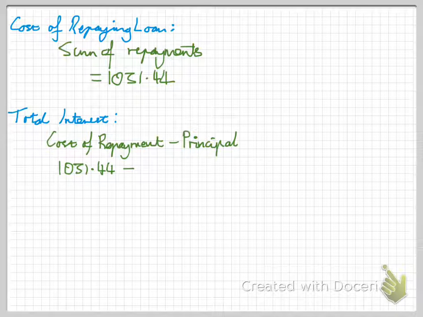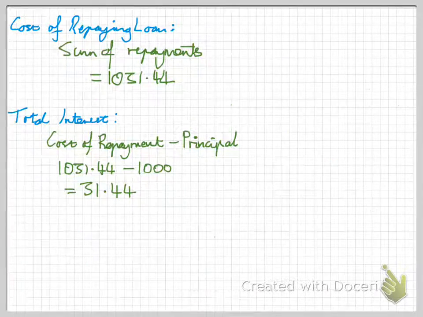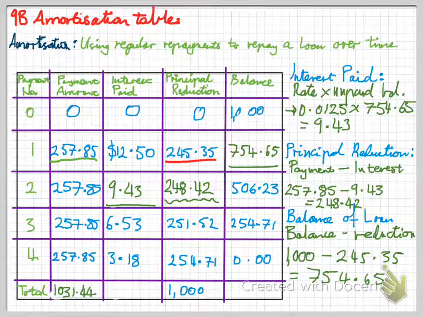Take away principal, so that's how much we took out the loan. We took out $1,000, but we paid back $1,031.44. So all up, the cost of the loan to us is $31.44, which is just equal to the interest we paid.